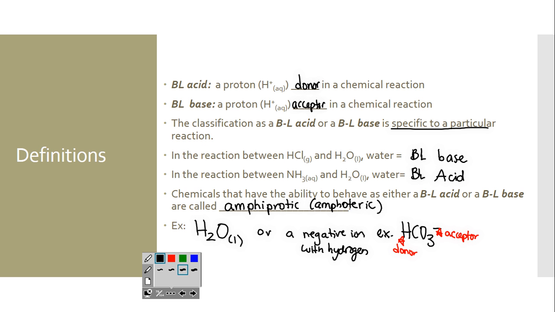Now, I just want to caution everybody with an example like this one. That's a negative ion, and it has hydrogen, but it doesn't have hydrogen that it can donate. For the hydrogen to be donatable, it should either be at the beginning, like in the bicarbonate ion, or you should see it at the end of the organic acid formula.